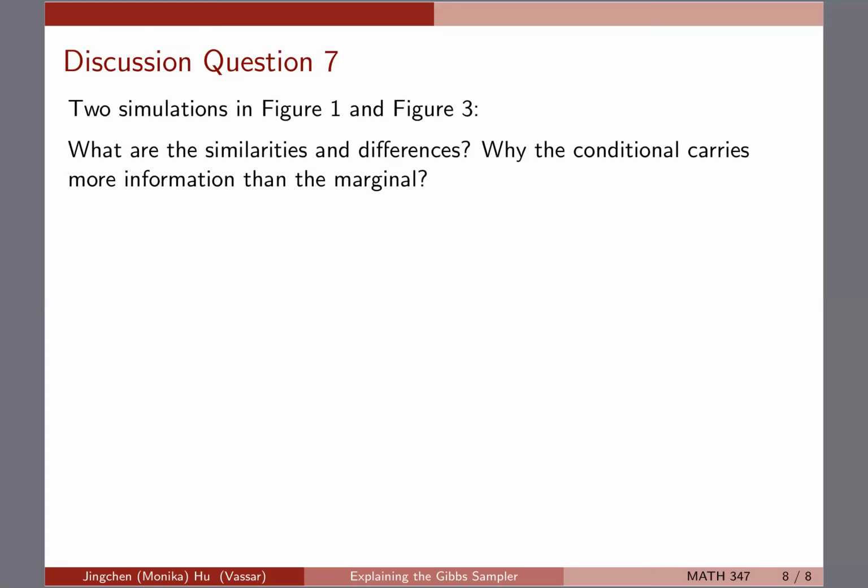Some of the comments from Moodle were saying that now you're using more draws. I don't remember who said that, but my understanding is you're trying to say that you're not only using the last draw from the chain, you're trying to average things out, which, to be honest, I just don't see.